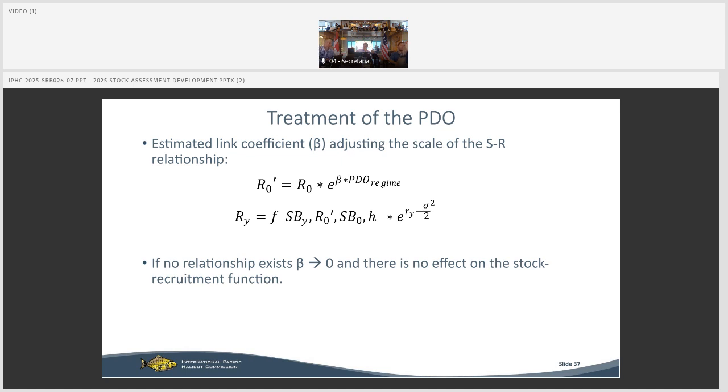So this gives me some comfort that, as long as we continue to see a relationship, it should be okay to take this approach, realizing that we're only adding what the data suggests we should be adding to the stock-recruit function.